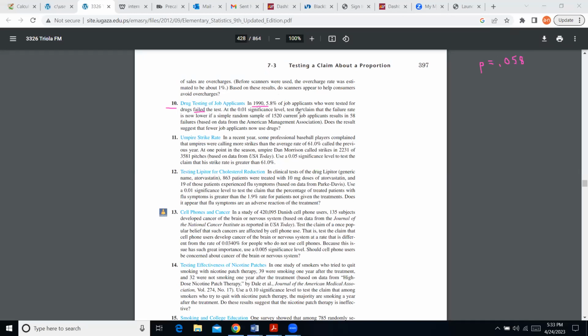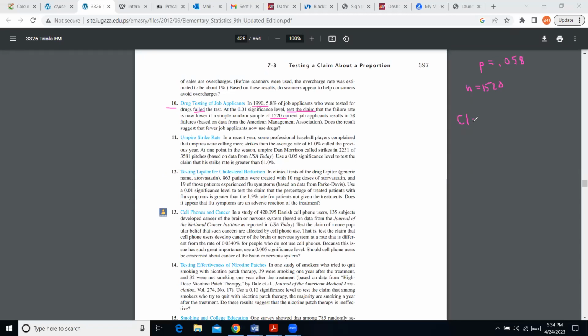So we need to test at some level of significance the claim about the failure rate, with results in a sample of 1,520 people. Now they claim that the results are lower.